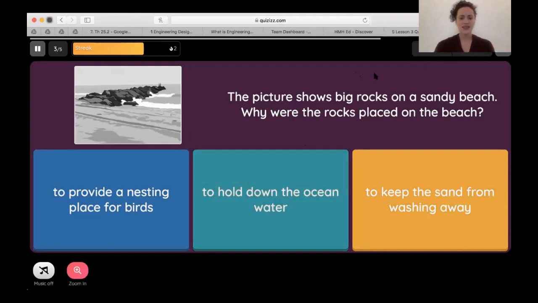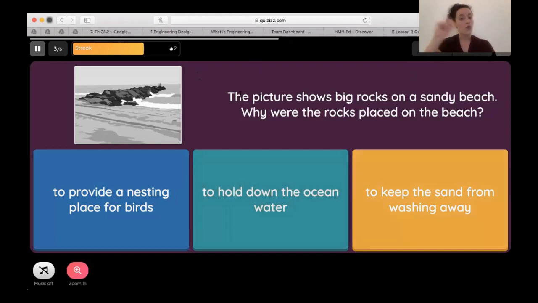These rocks, can these rocks hold down water? Everyone, can these rocks hold the water down? No. Oh, exactly. No. Good job. If you put a rock in, the water just goes around it because it's a liquid. All right, and it's not so that the birds have a place to lay their eggs.